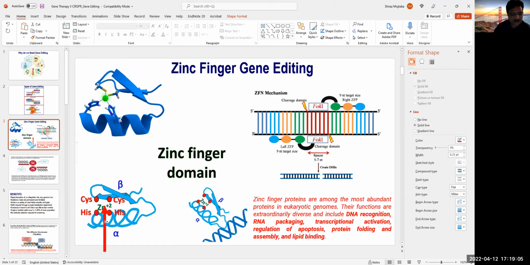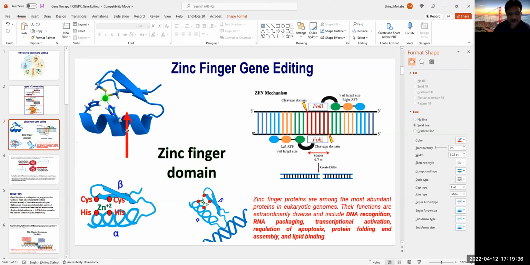It's a divalent or bivalent ion. It is bound to 2 cysteines and 2 histidines. Right? So this alpha helix has very specific potential that it can bind to the major groove of the DNA.